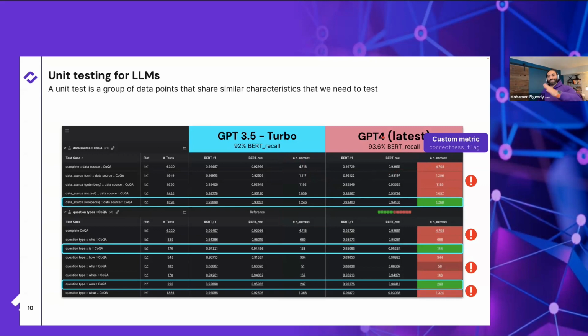GPT-4, which is double the cost if you're doing API calls, has regressed in all sections. It didn't improve in any area, except when the source is Wikipedia, which makes sense to us because we know that GPT-4 has been trained mostly on Wikipedia data. And it improved only on two types of questions, is and was, which are basically the same type of question, just in the past tense or present tense.